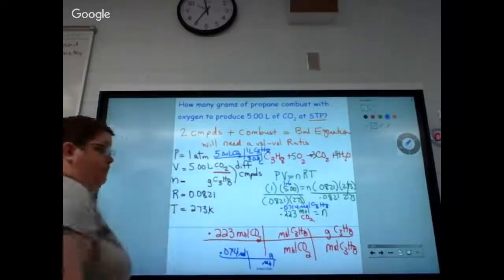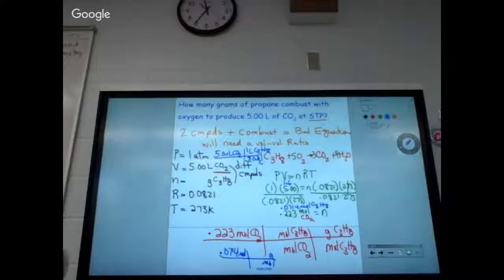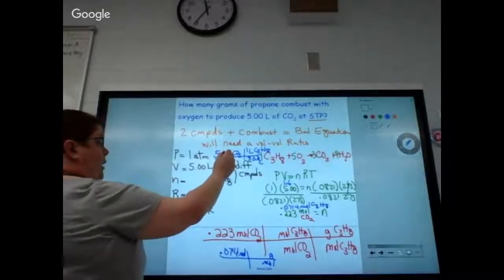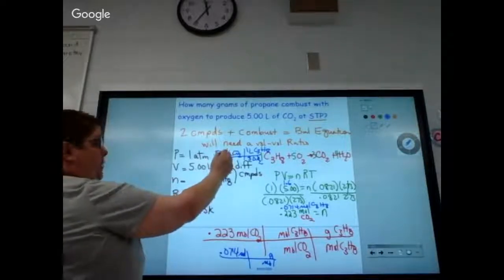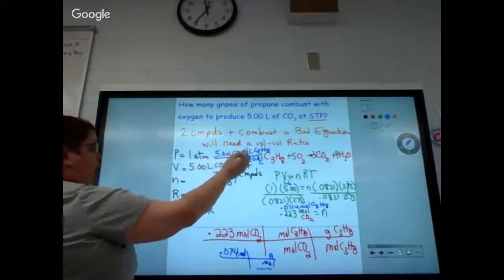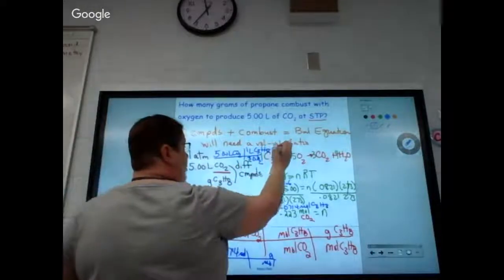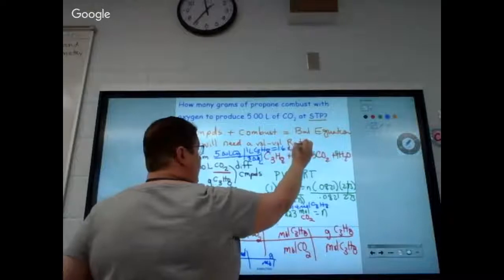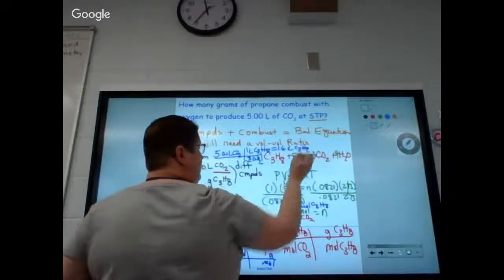Wait, where's that other number? 0.0714 moles. If you had decided way back here to go ahead and do your volume-volume ratio, you would get 1.6 liters of C3H8.